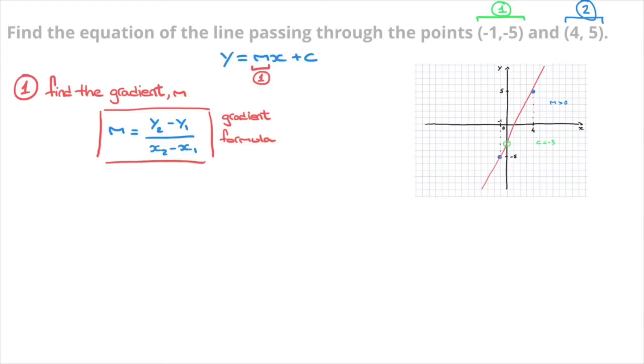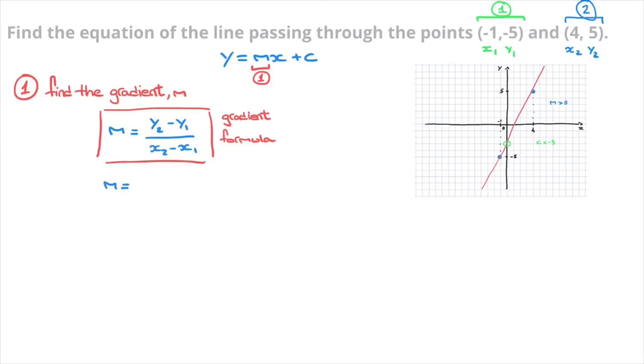We could have done this the other way around. Personally, I tend to always simply call the first one I read point 1 and the second one I read point 2. Now what this means is that -1 is x1 and -5 is y1, and 4 is x2 and 5 is y2. So using those coordinates in the gradient formula leads to the following.